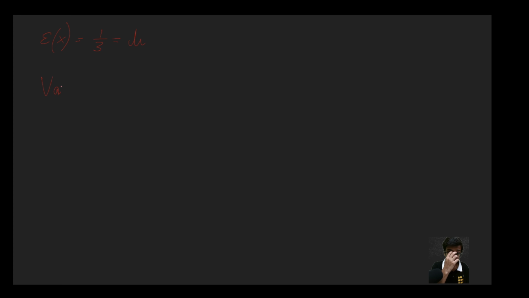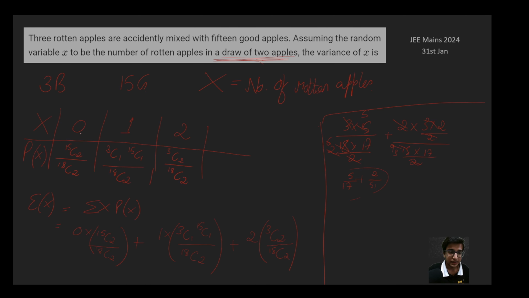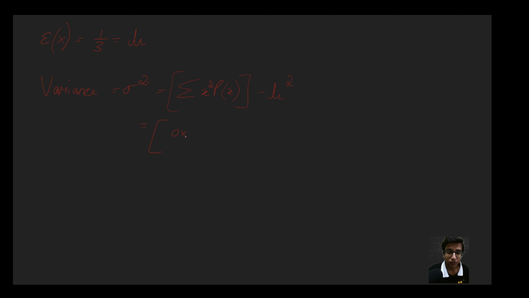Now we have to find out variance. Variance used to be my sigma square. So its formula is summation x square px minus mu square. So what is my x square into px? X square is 0, so 0 into my first px, whatever it is does not matter.